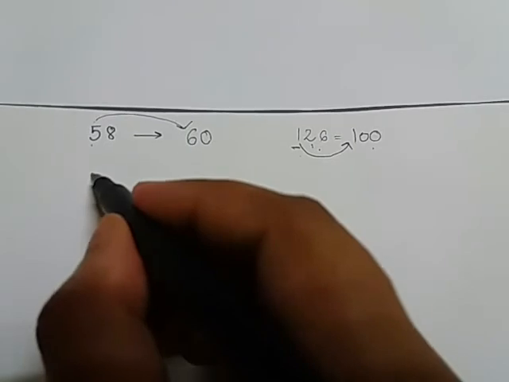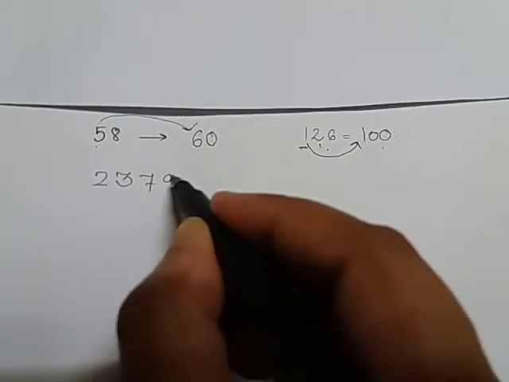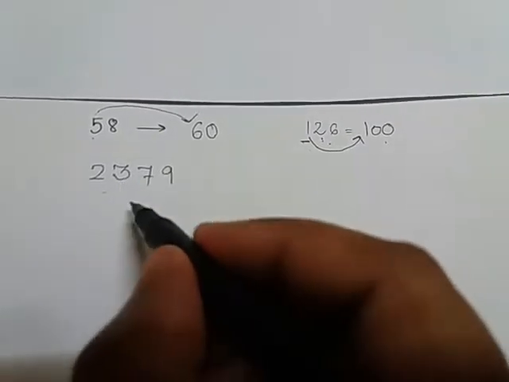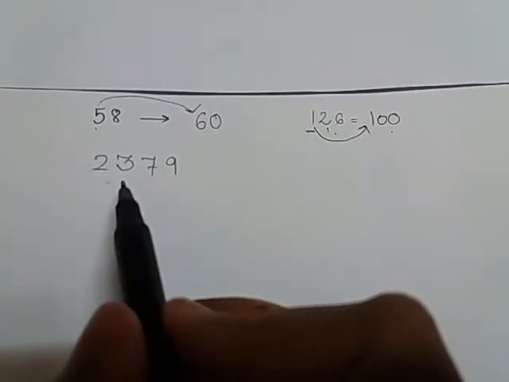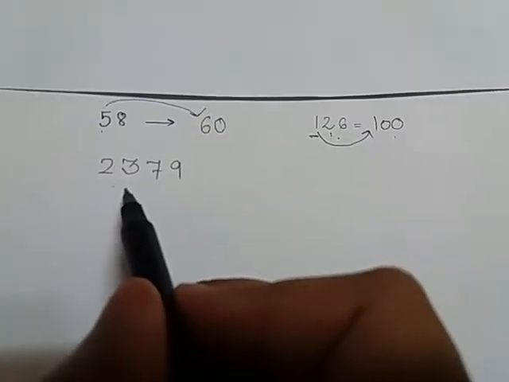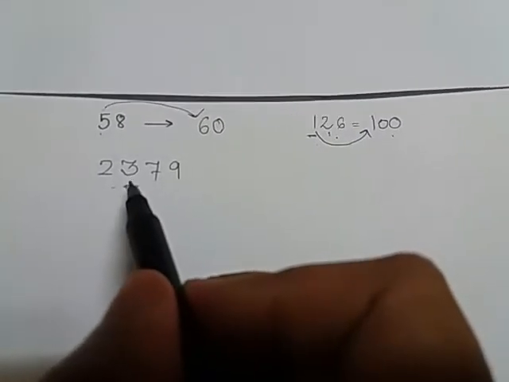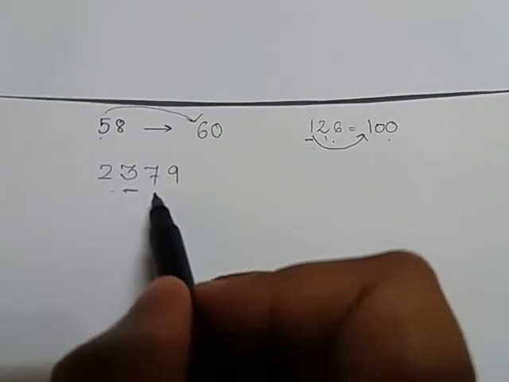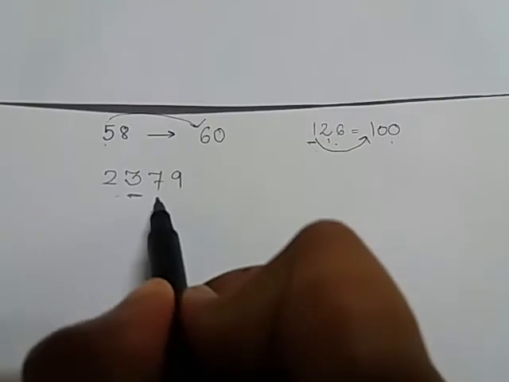Let's try to solve one more question. Let's suppose 2379. Again we want to round this number to nearest 100 place. So first of all we have to look at the digit which is placed at the 100 place, which is 3 in this case. Now in order to round this number, I have to see what is the number which is standing exactly right to it, which is 7. 7 falls under the strong number category.